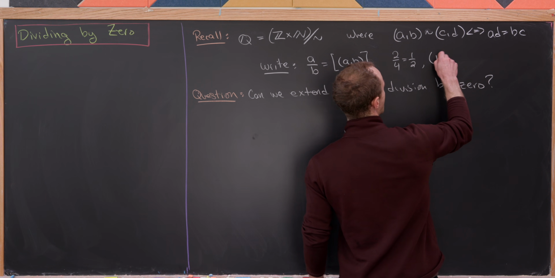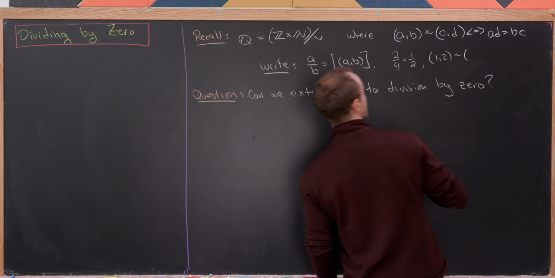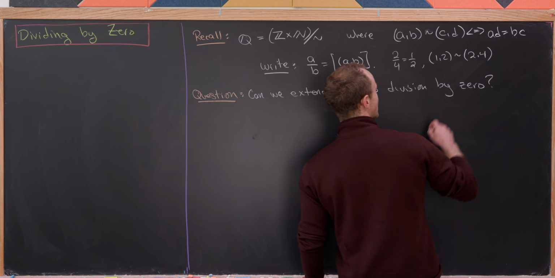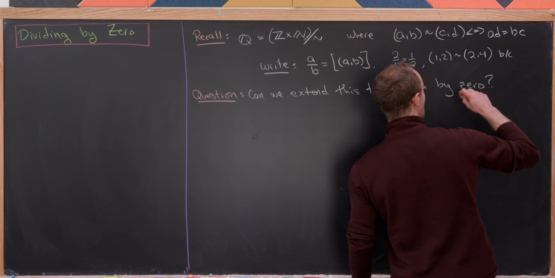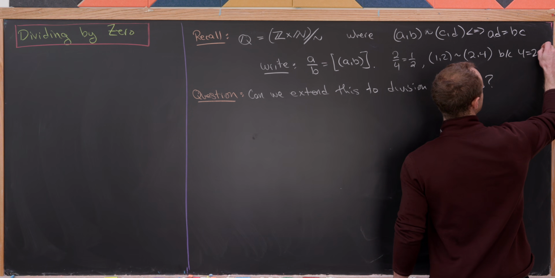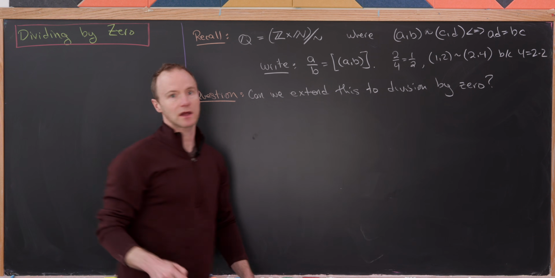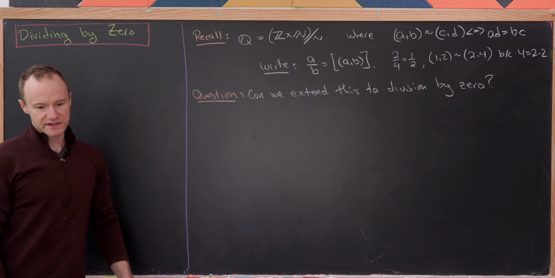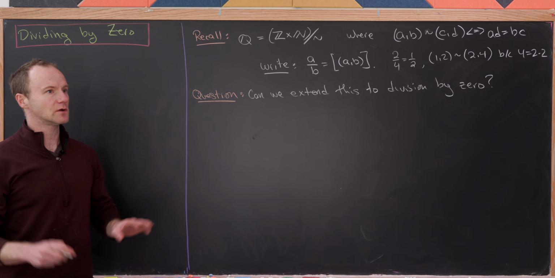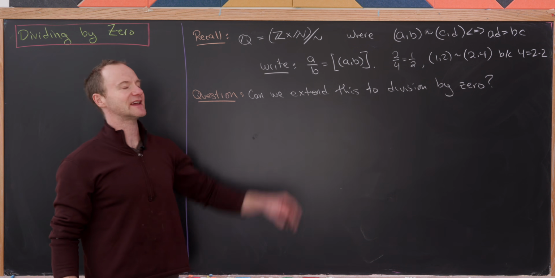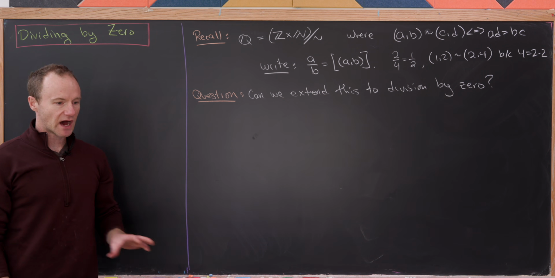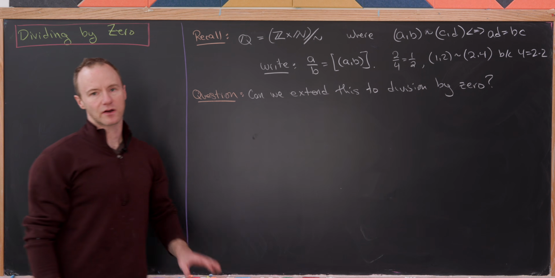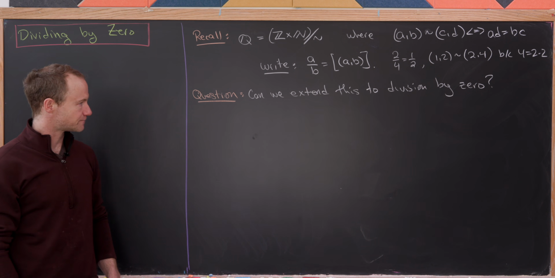The ordered pair 1 comma 2 is equivalent to the ordered pair 2 comma 4, and that's because 4 is equal to 2 times 2, using that equivalence relation just above. Furthermore, in this setup we don't allow division by zero, because here we're taking the natural numbers not to contain zero. And so that means the denominator will never include a zero.